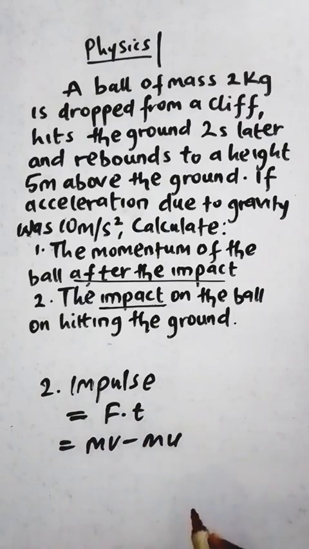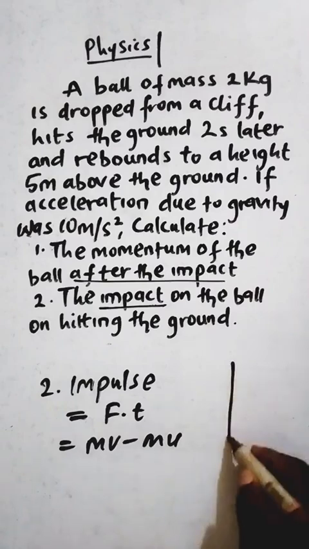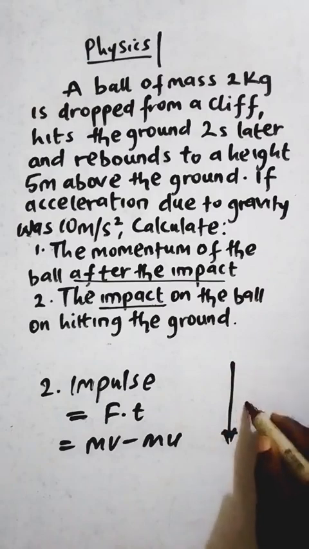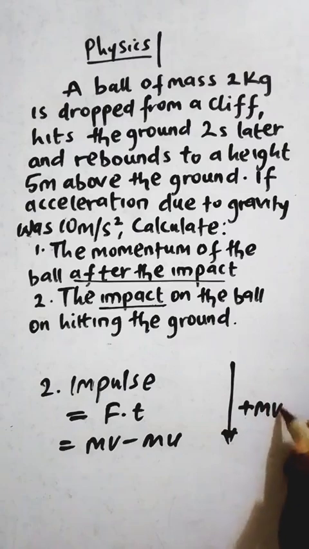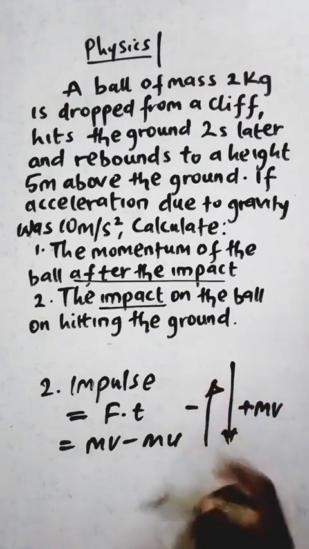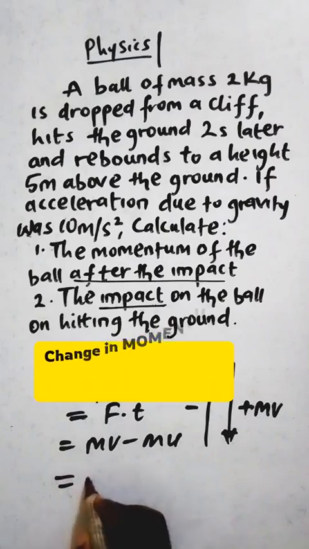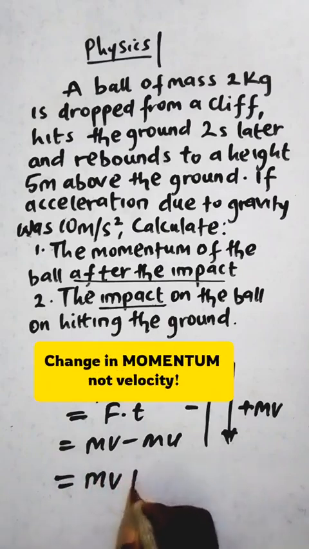However, I want you to notice that the velocity before, when the ball fell down, if you take it to be plus, then when the ball was going up, the velocity is going to be minus. So anytime the two movements are in opposite directions, change in velocity is written as mv plus mu.